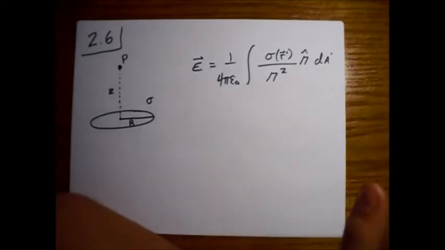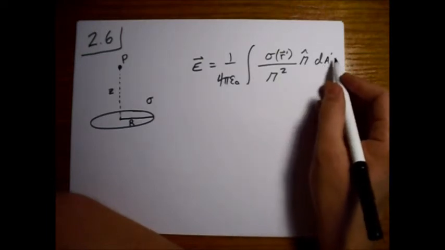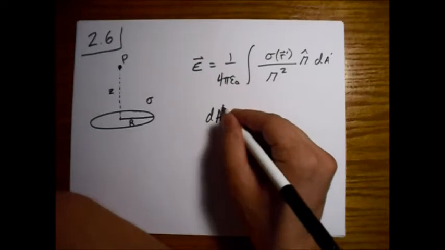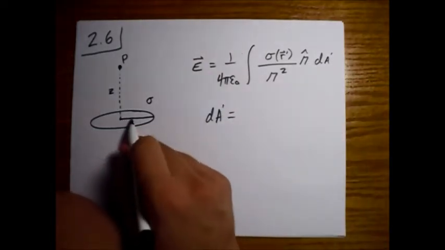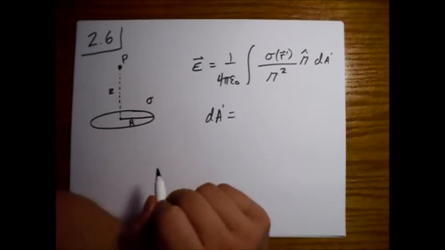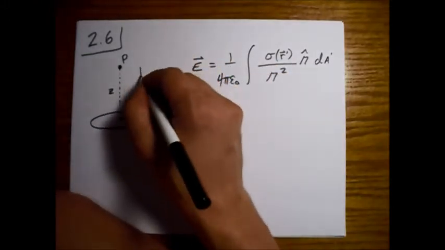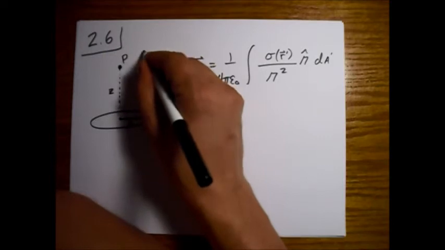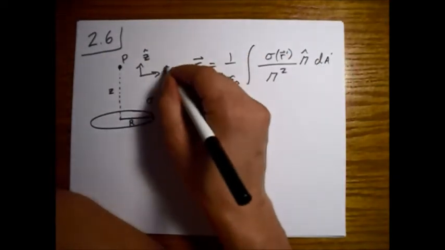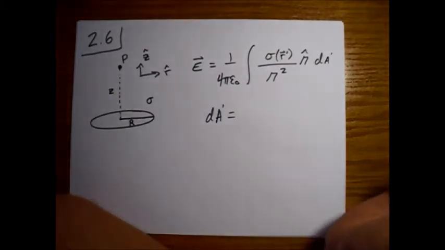So breaking this down into pieces, let's just look at this dA real quick. In cylindrical coordinates, dA just depends on how far you are out from this origin point. By the way, let's define our directions: z hat up, and out here is just going to be an r hat.